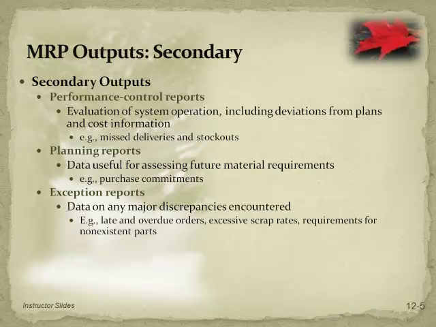So in a typical manufacturing environment, you're dealing with hundreds of thousands of different parts. And there are just not enough hours in the day, and there's just not enough employees to try to manage all these hundreds of thousands of parts.